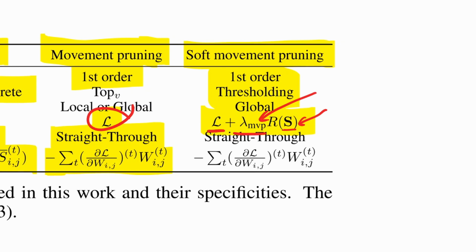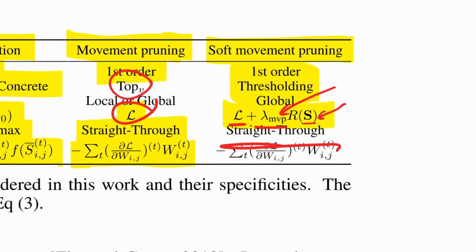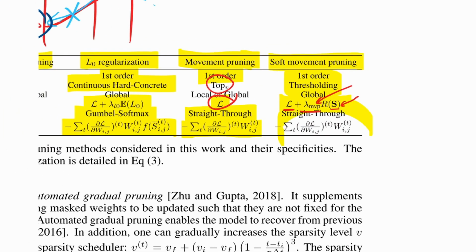So the trade-off here is very explicit, whereas in basic movement pruning, it's just given by you masking away completely the bottom 1 minus v percent of the weights. But you see the score function is the same.